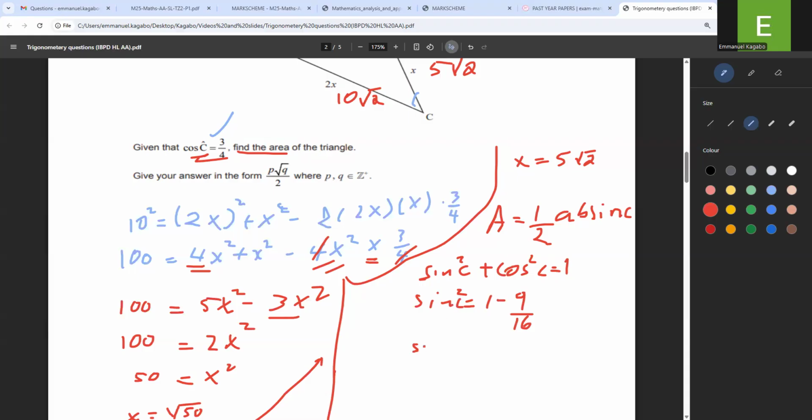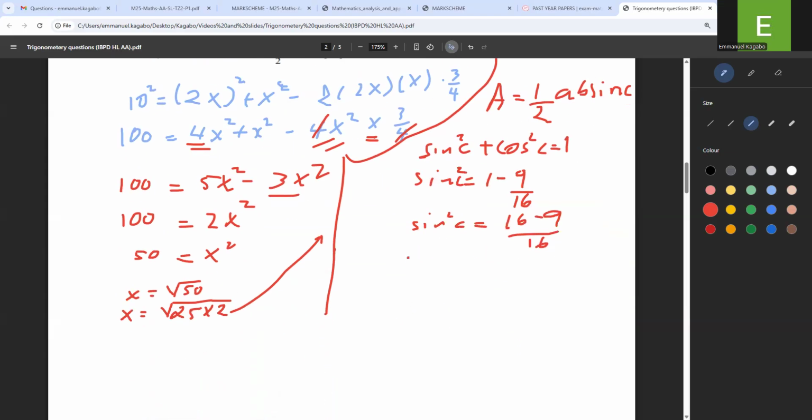So what do we get here now? Sine squared C is equal to 16 over 16 minus 9 over 16, right? So what do I have? I'm going to get sine squared C equals to, that is the 7, right?